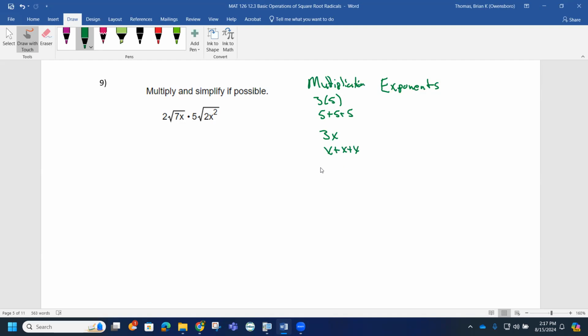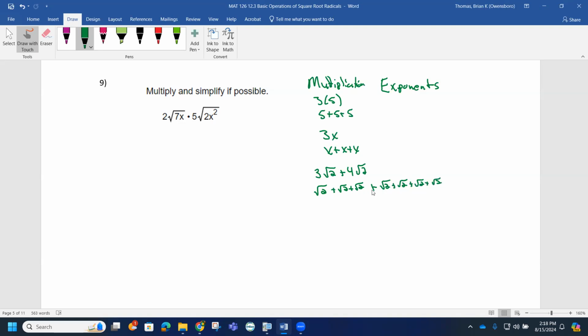So if I gave you 3 square root of 2 plus 4 square root of 2, this means the square root of 2 plus the square root of 2 plus the square root of 2 plus the square root of 2 plus the square root of 2 plus the square root of 2 plus the square root of 2.